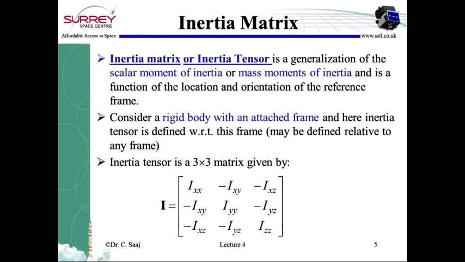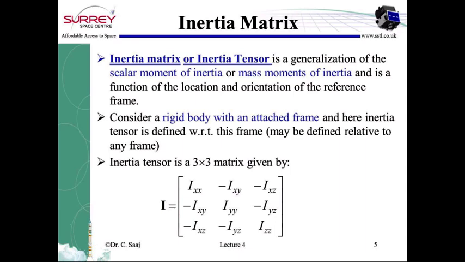Therefore, we can say that the inertia matrix is a generalization of the scalar moment of inertia, or the mass moment of inertia, and it depends on the location and orientation of the reference frame. In other words, the inertia matrix is not a fixed value. Depending upon the frame of rotation, based on its location and orientation, the inertia matrix will change.